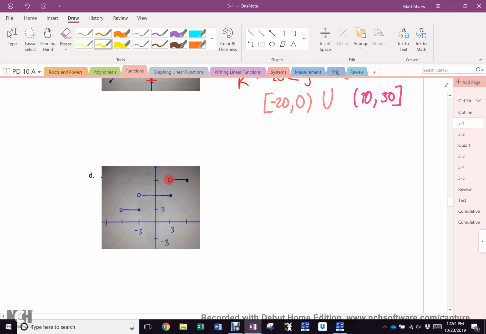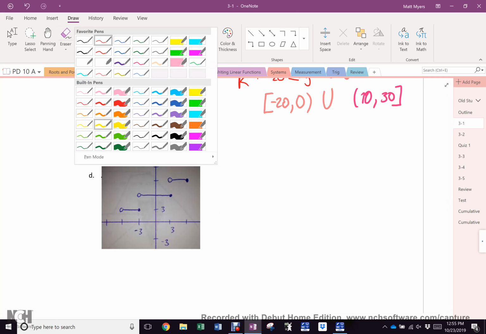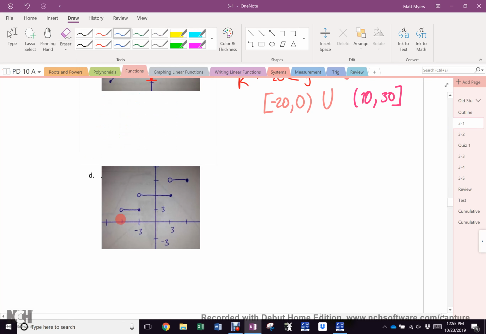The hollow one doesn't count. So this line goes up to 3. This line starts at 3.0001. Everybody understand? So, let's do the domain. Where does it start? It's tricky. Yeah. It is a function. It's a special kind of function.